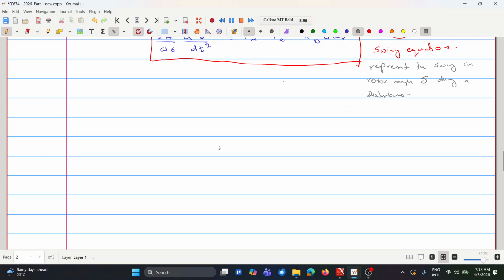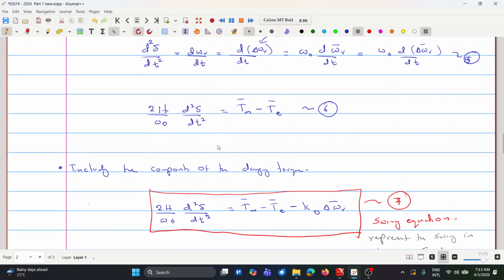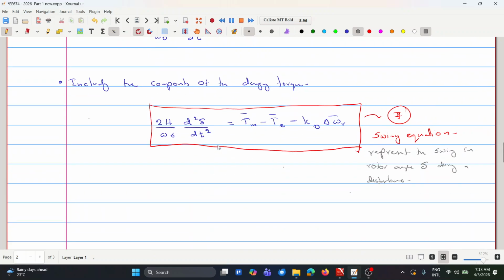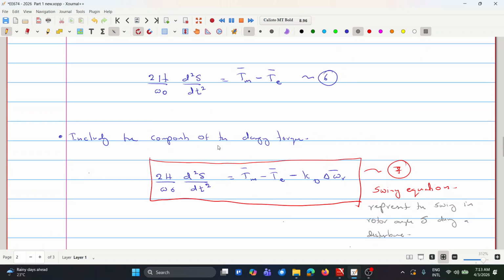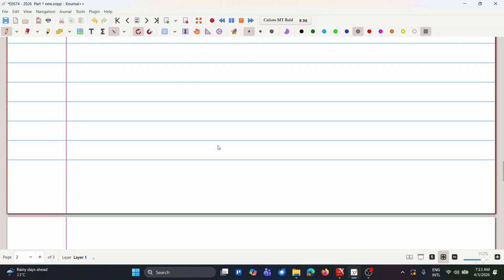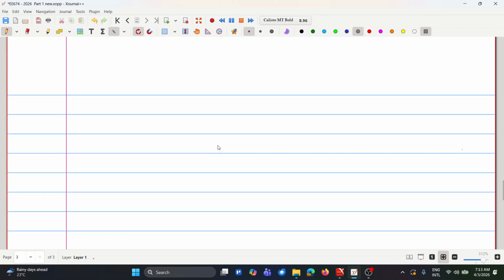So in order to understand or simulate how the frequency, the speed of the machine, or the angular position of the machine varies based on different disturbances, we will model the synchronous generator and its associated components.